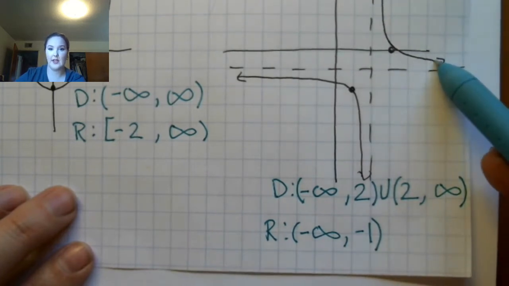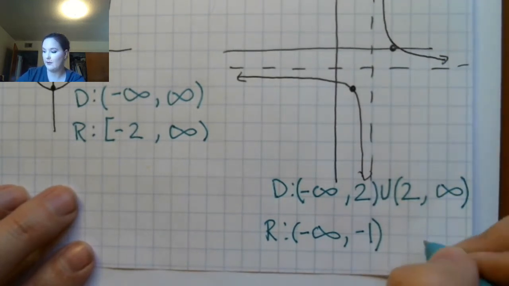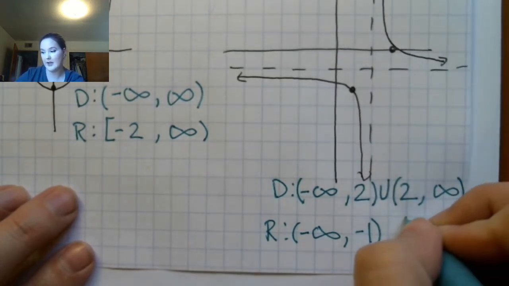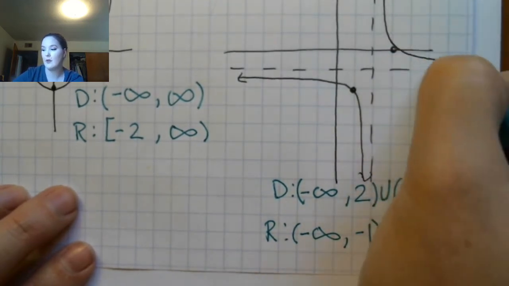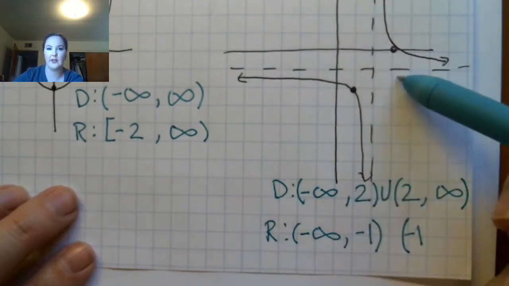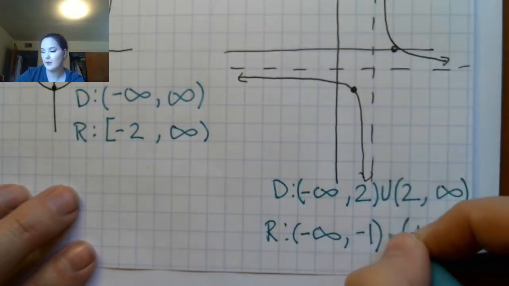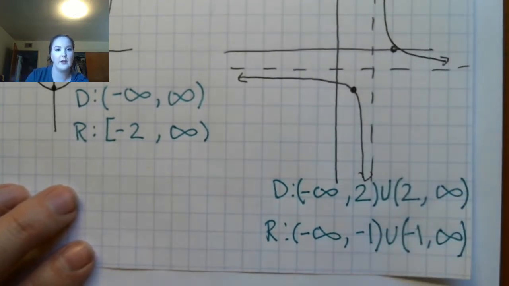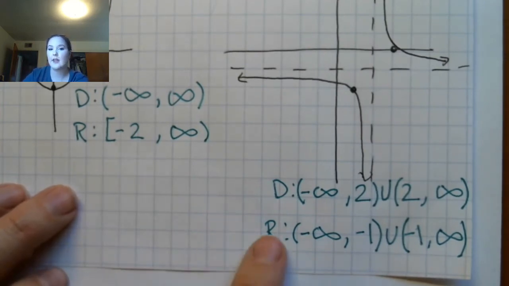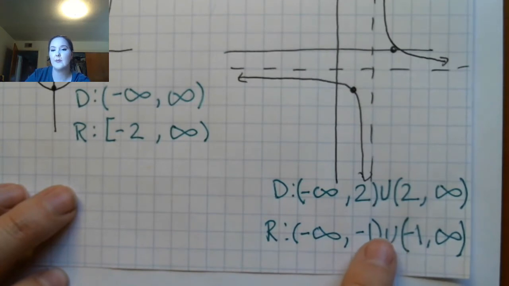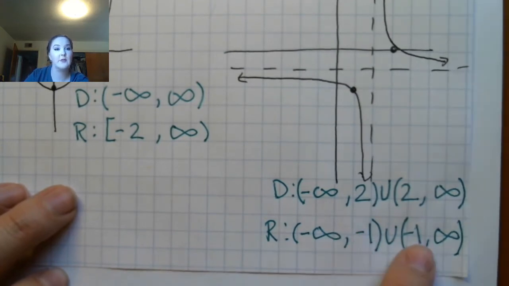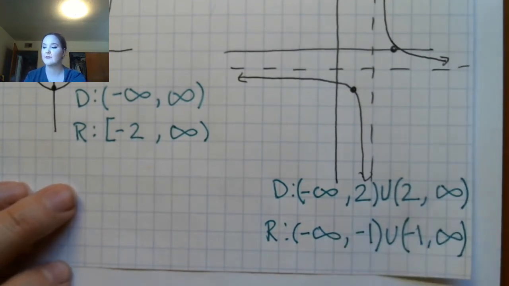Then it starts again on the other side of -1, but it doesn't actually reach it. And then it goes up to infinity. Combine the two different intervals with the union. So again, this means all numbers except -1, right? We're excluding -1 from the range.